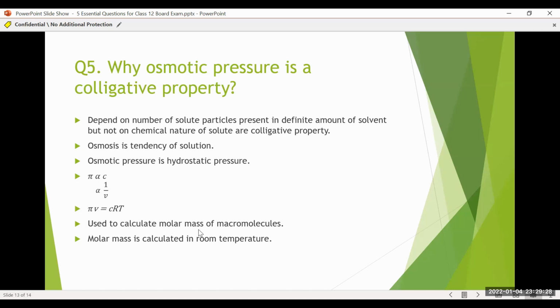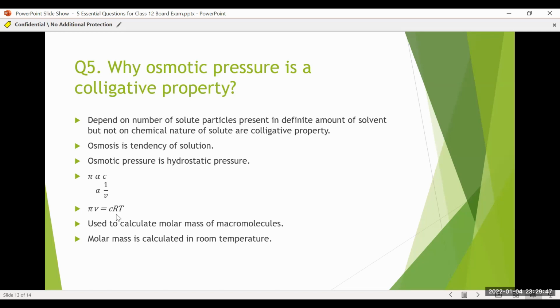How is it advantageous to our daily life? Why do we go for determining the molar mass only by colligative property? Now we are discussing the advantages of osmotic pressure in order to find the molar mass of a macromolecule.